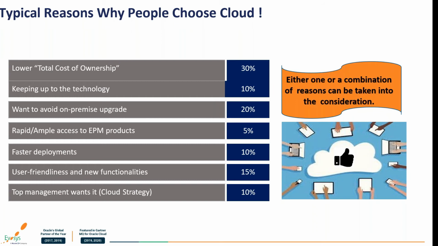Since it's Oracle Cloud, it's supported by Oracle. Your versions get updated automatically, which means that you're not paying for upgrades. So 30% of the decision making, or the weightage of cost, has been quite heavy. A lot of people moved to cloud because they wanted to cut down a lot of their expenses.